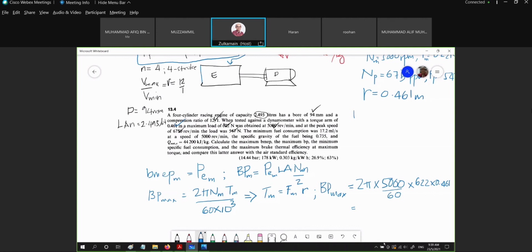So this is 60, kita ada power of 3 nak tukar pada kilowatt. Okay, try to get what is the BP max.